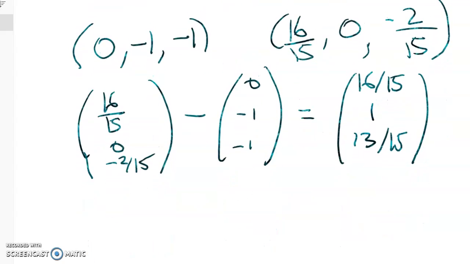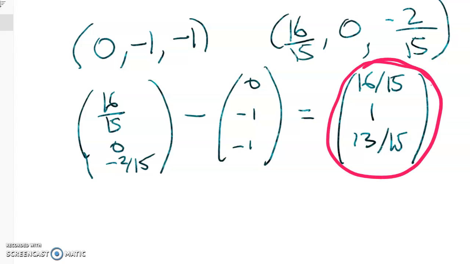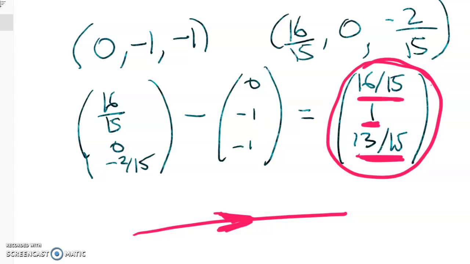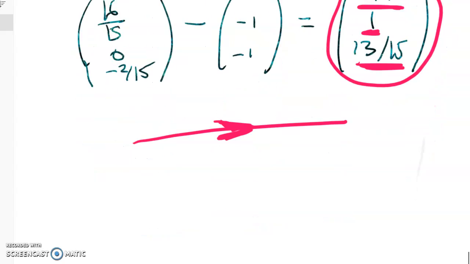So this is the direction vector that we're going to use as our base, but we know that the purpose of that direction vector is just to show the direction of the line. So if I'm going this many units out and up, then I can multiply everything through by 15.